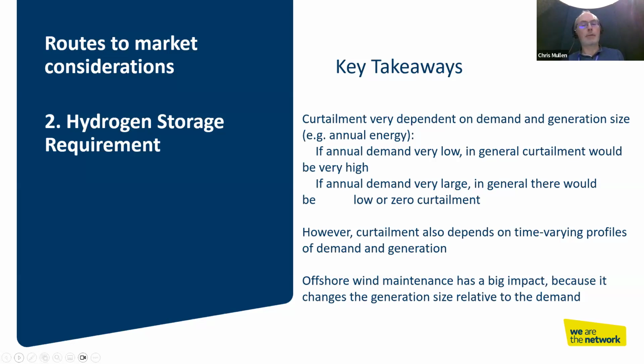The big point is, however, that curtailment also depends very much on the time variant profiles. There's not a scalable way to calculate that that we found. And the final takeaway is that offshore wind maintenance has a very big impact, and that is because, as I said, it changes the annual generation energy relative to the annual energy demand.